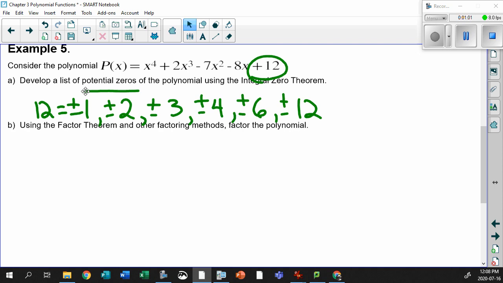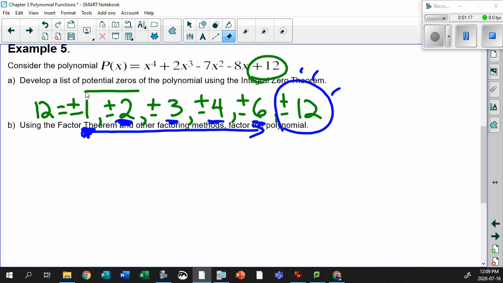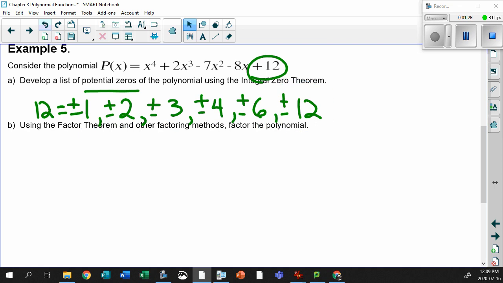Could you imagine if you didn't have real simple factors like these, all the way through? What if they were this guy out here? You're going to have to go through this entire horrendous list just to find out one of the factors is 12? I don't think so. I don't like that idea at all, okay? That's going to absolutely take way too much time.